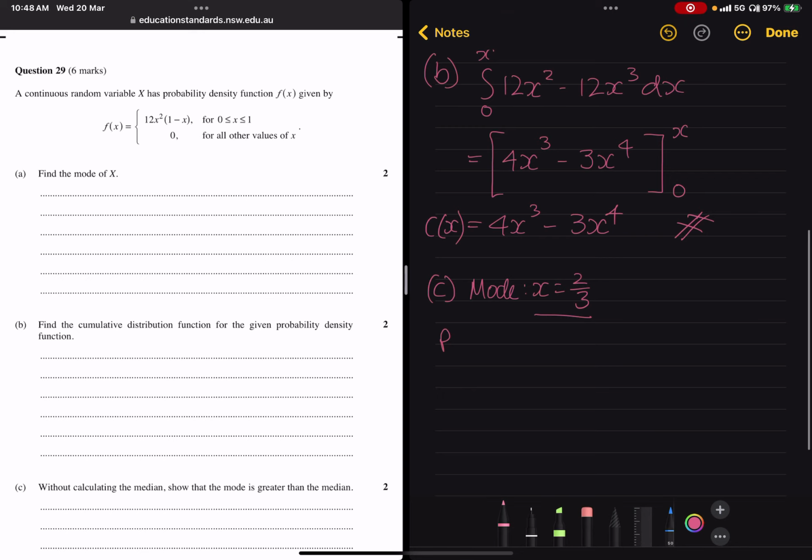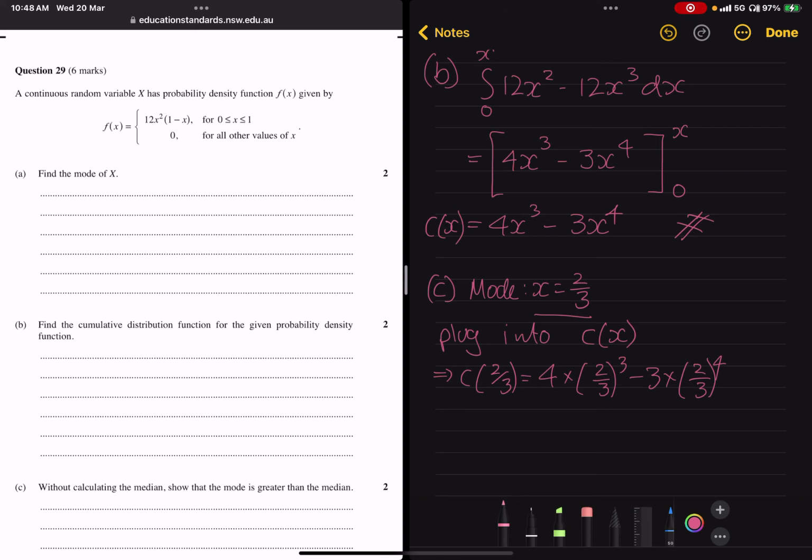So we are going to plug into C of x, the cumulative function we just found. We get C of 2/3 is 4 times 2/3 cubed minus 3 times 2/3 to the power of 4. Now I can put this straight into my calculator. You've got to be very careful when putting something like this into a calculator.